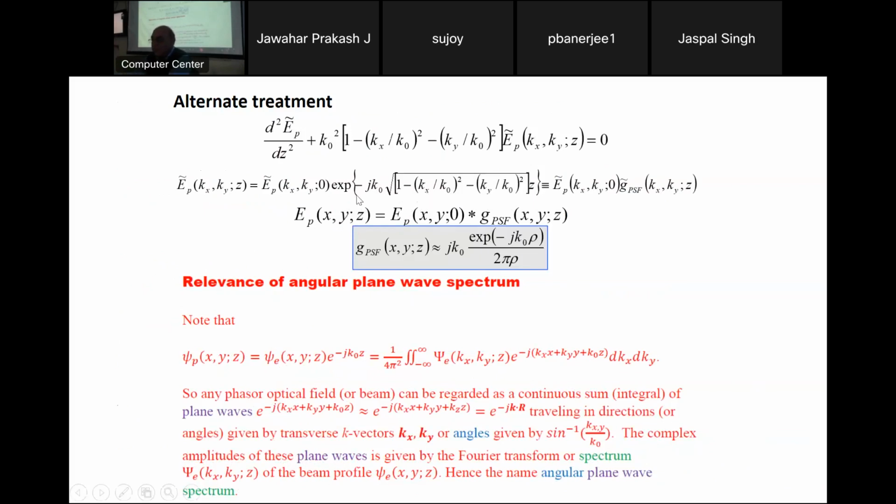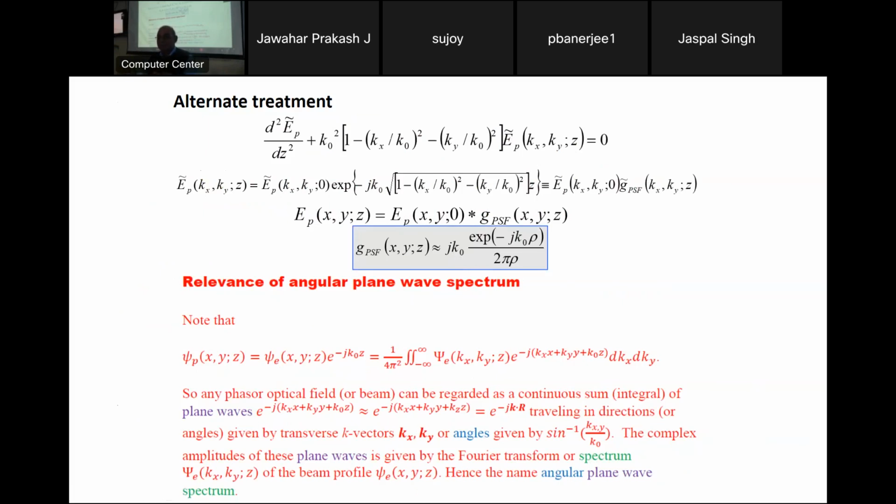And if you take the non-paraxial transfer function, its inverse transform is the same as the expression for a diverging spherical wave. And we talked about the relevance of the angular plane wave spectrum. You can take any arbitrary optical field and decompose it into plane waves that are propagating at different angles. That's one way to do it. That's mostly what is done here.